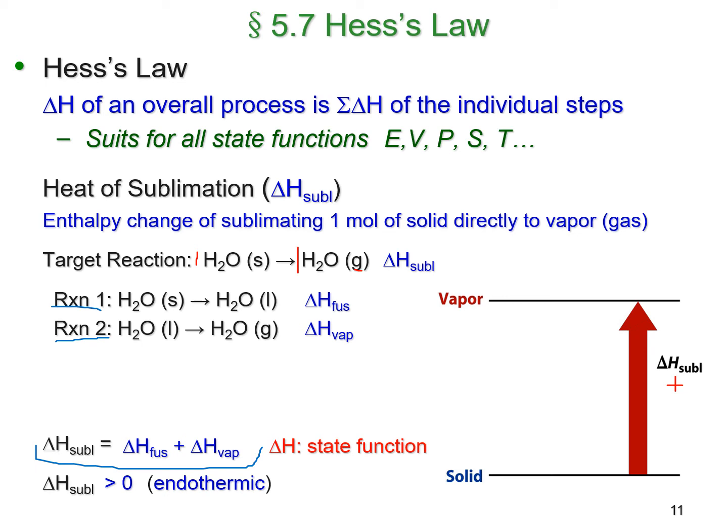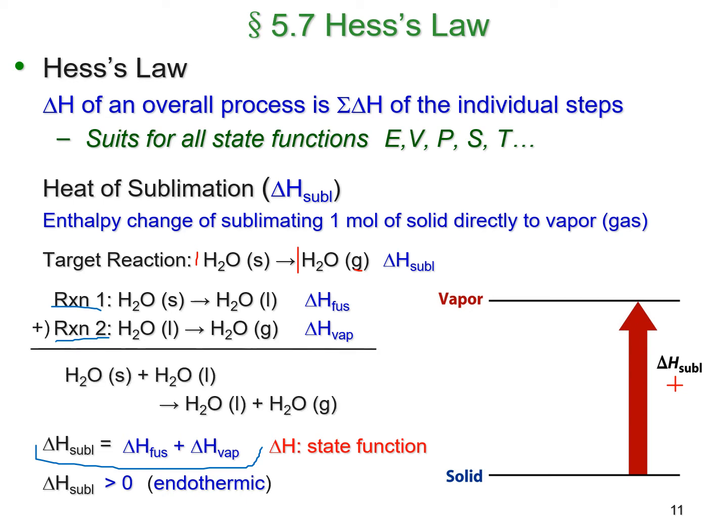Does that necessarily mean, if I have to add these two delta H's together, and since these two delta H's come from the two reactions, that we need to add these two reactions together? Let's try it out. It doesn't hurt for us to try, right? So let's add these two reactions together.